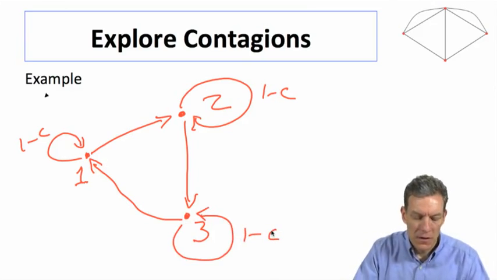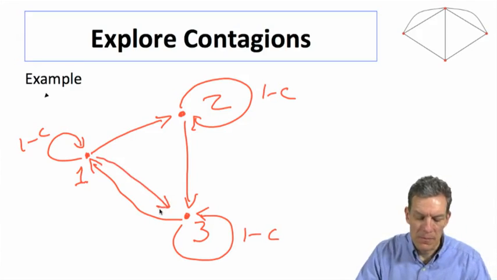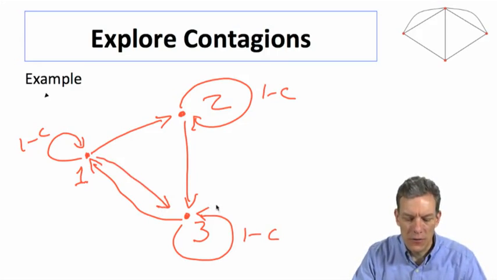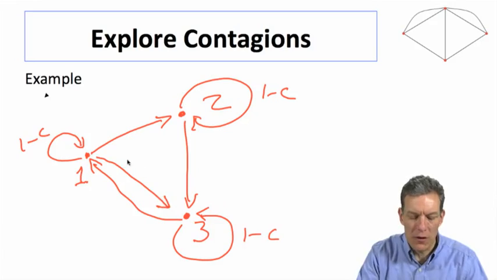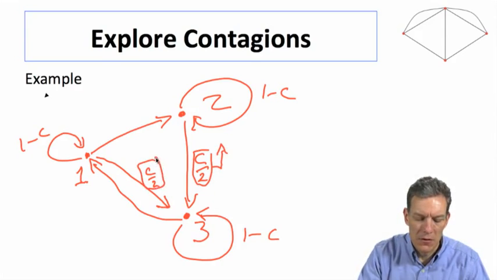Now in this case, let's suppose that 1 owns actually both 2 and 3. So in this case, the fraction C of 3 that goes out towards 1 and 2, we'll assume that that is split up equally. So there's a C over 2 amount of 3's investment which goes to 2, and an amount C over 2 which goes to 1.